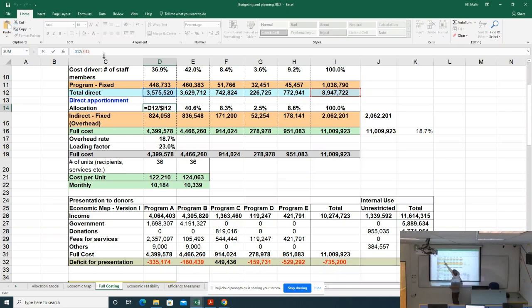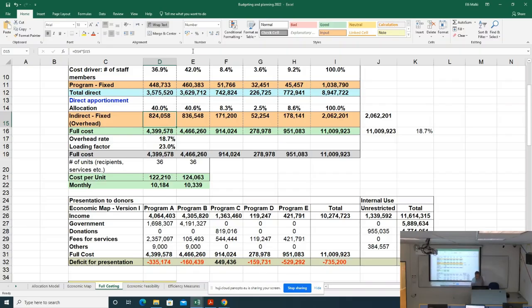So if I have 3,575,000 out of 8,947,000, that will be 40%. And program B will be 40.6, etc. Obviously, I have to make sure that the sum of the allocation scale is 100. And then I apply exactly the same method as with the cost driver.